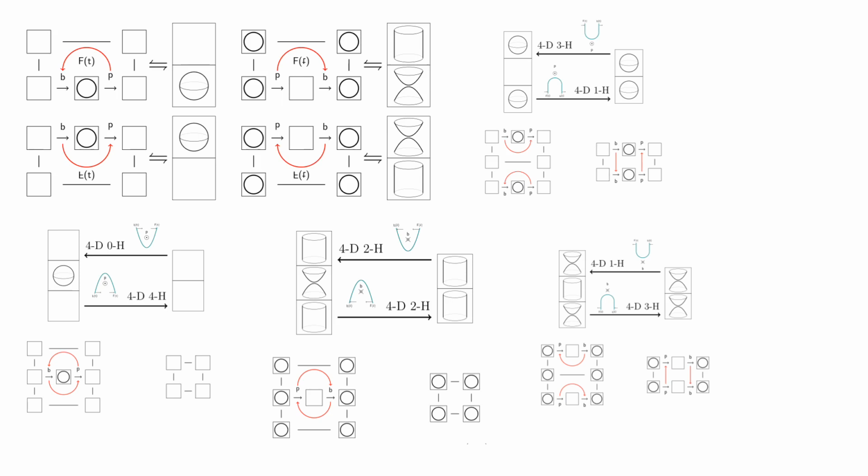Or correspondingly, the sphere can die. So the composition of those things, sphere born, sphere dying, is simply a three-sphere, and that composition is comparable to nothing, and that comparison is a four-dimensional zero handle or a four-dimensional four handle.